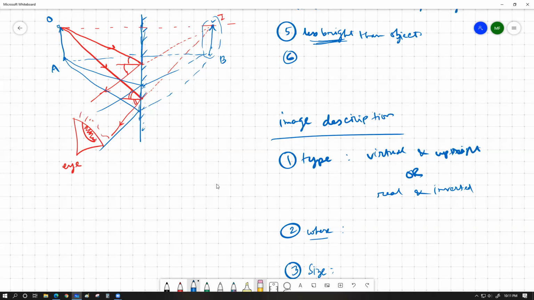So images produced on a plane mirror will always be less bright compared to the object itself, which means if we are looking at the object directly, we would definitely see a brighter thing. So that's pretty much it for the image description and the part for the reflection as well.